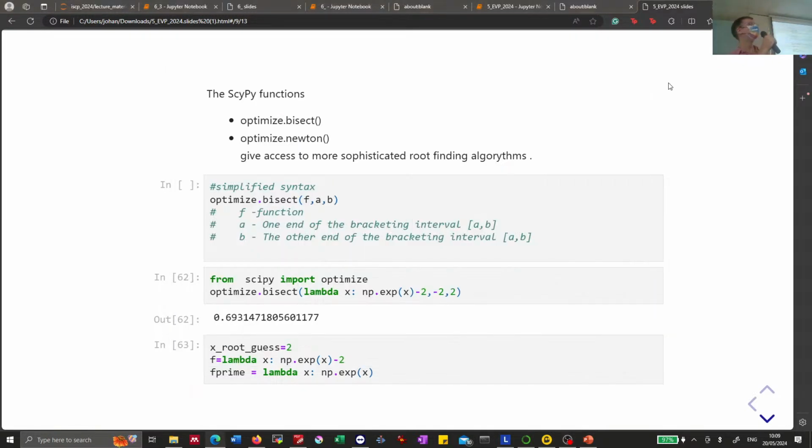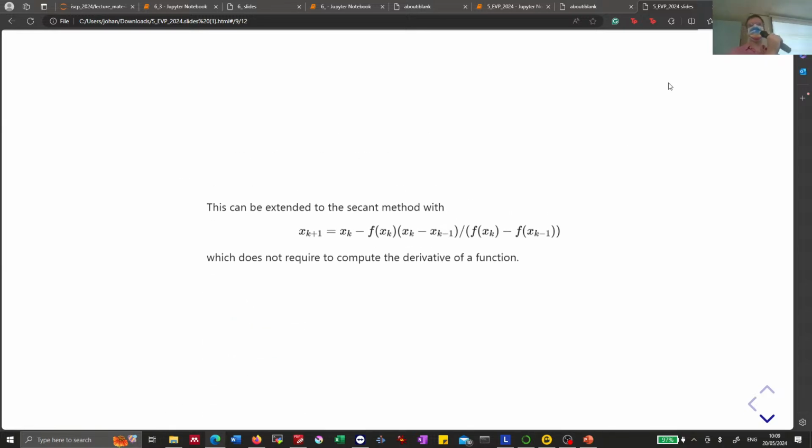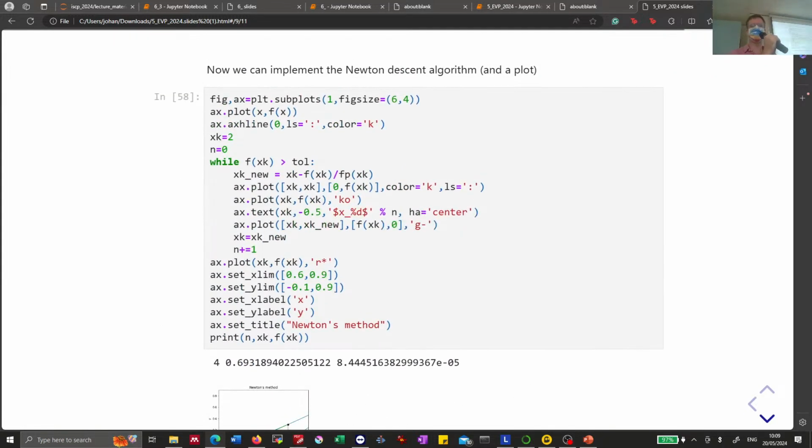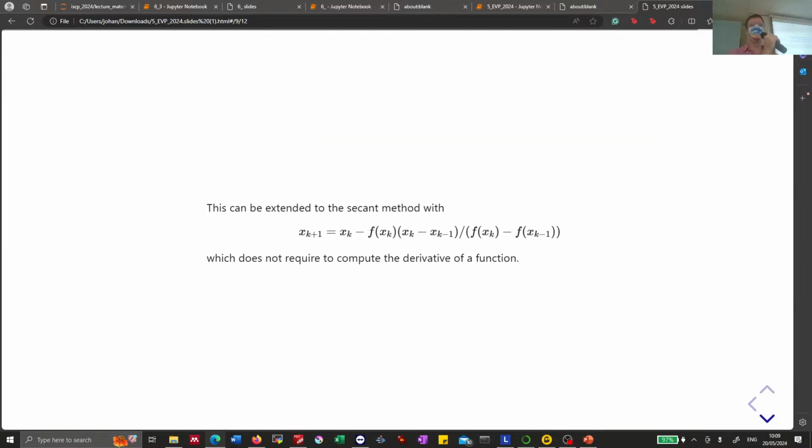There we go. So since we're now experts in implementing our own solvers, the idea of taking information from the local environment of a particular root, like probing its inclination, can be extended further.